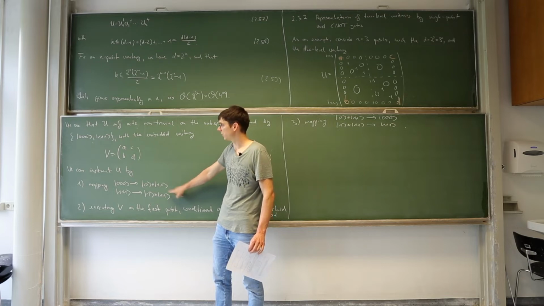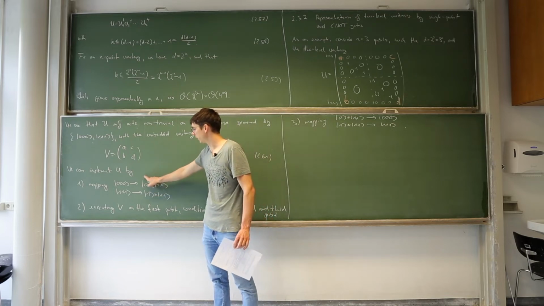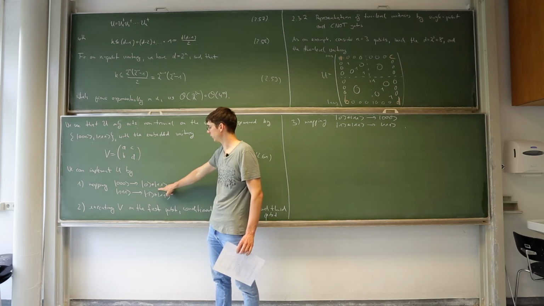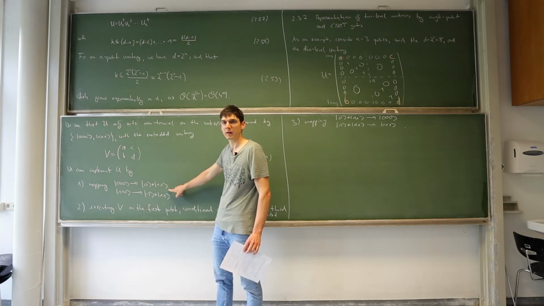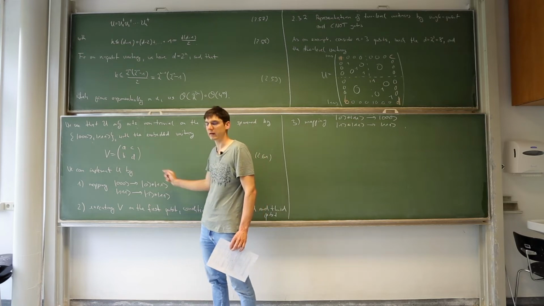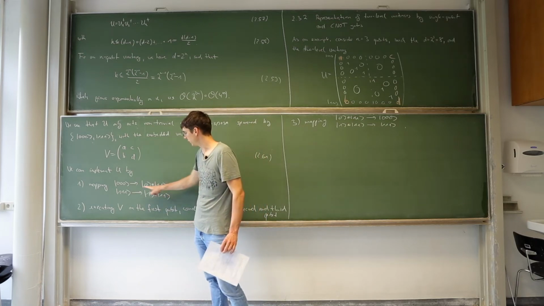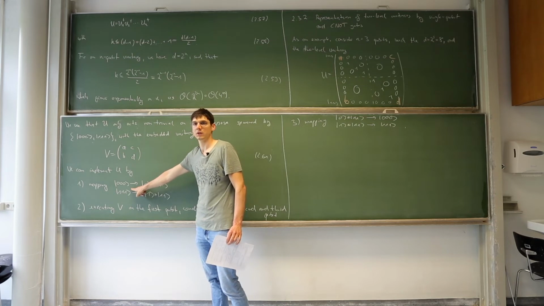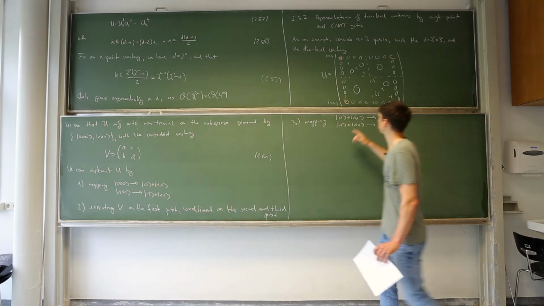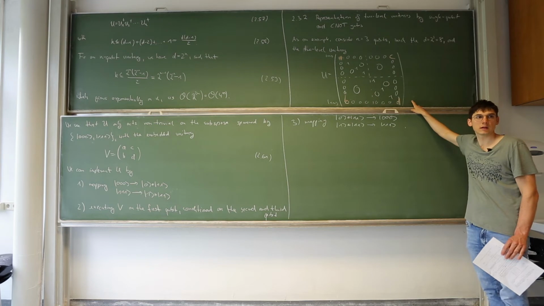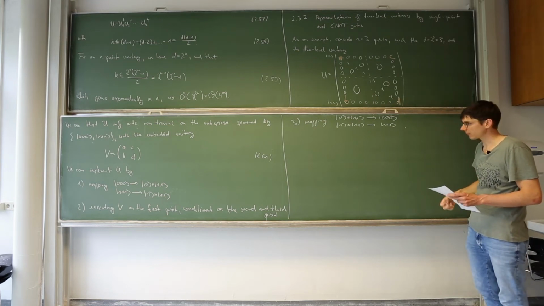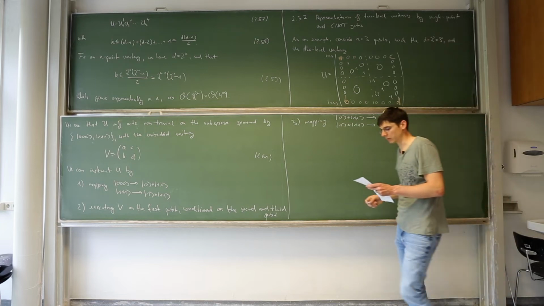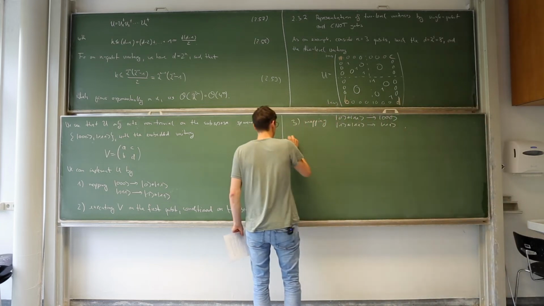Now we can implement V by a unitary acting on the first qubit, which is conditioned on these states of the other qubits. And then we simply have to invert this transformation to get back to this representation here. And this way we can implement this two-level unitary. And in order to do this, we use a so-called gray code. Okay?